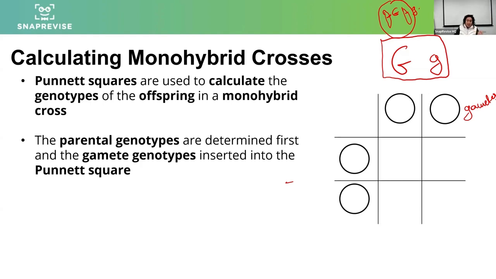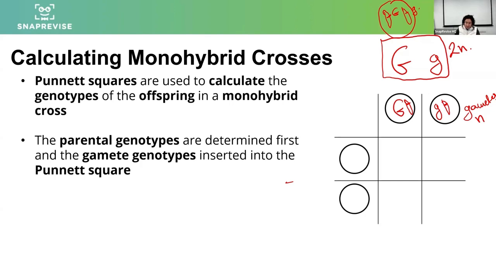Gametes are, of course, haploid, n, not 2n. This cell is 2n, diploid. Gametes are haploid, so they're only going to contain one homologous chromosome with whatever allele that carries. So half of this parent's gametes are going to contain this allele on the one homologous chromosome, and the rest of them are going to contain this allele on the other homologous chromosome.